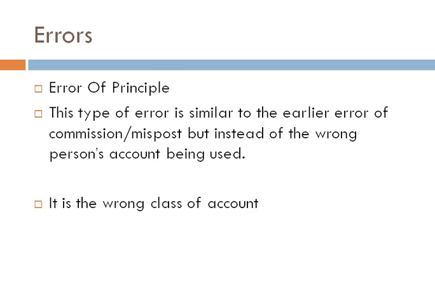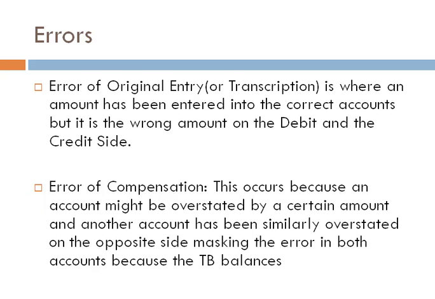Error of principal, but this time you're going across categories, across classes. Error of original entry, you've put in the wrong number, but you've put in the wrong number for the debits and the credits. Then we have the error of compensation, which we've just talked about.